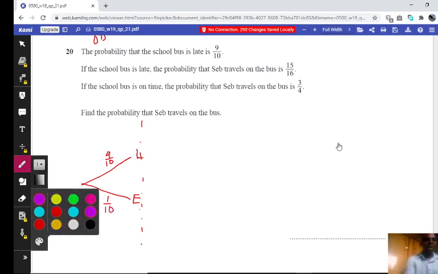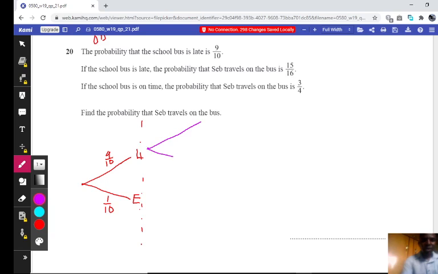Then the next branch, if the school bus is late, we take this late branch here. If it's late, then the probability that Seb travels on the bus is 15 over 16. So this one, use a bus or you cannot use a bus. Let me put B bar. Then on the bus, it's 15 over 16.